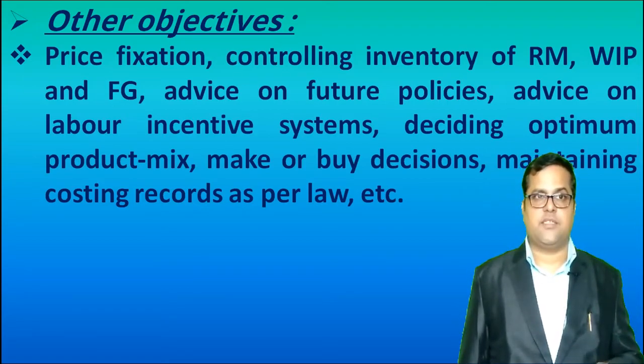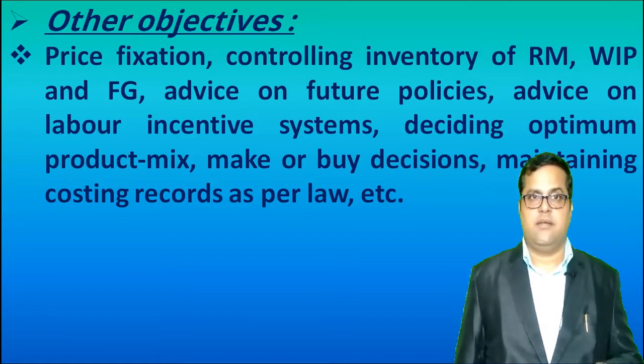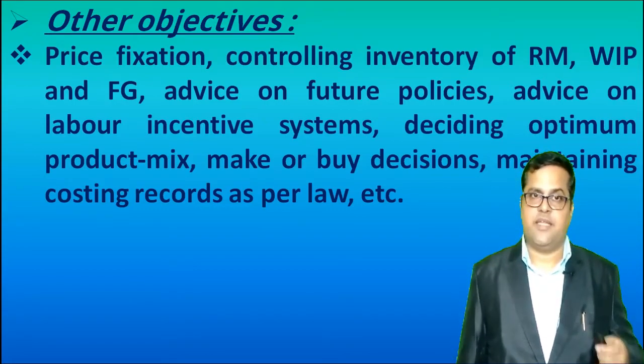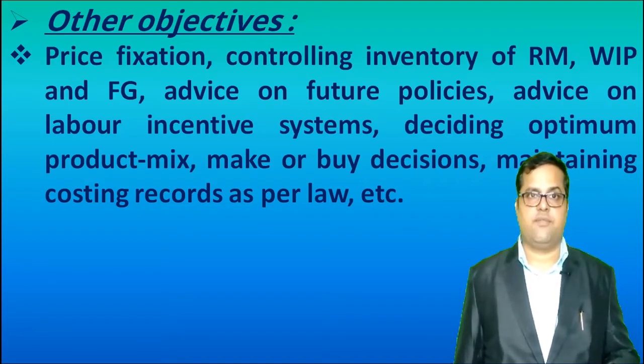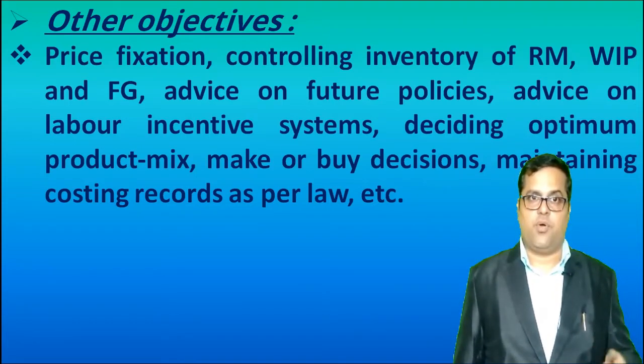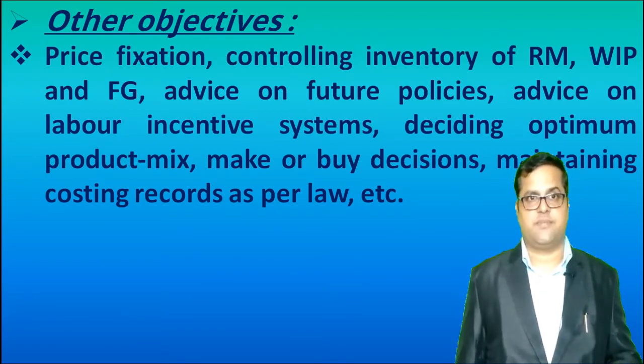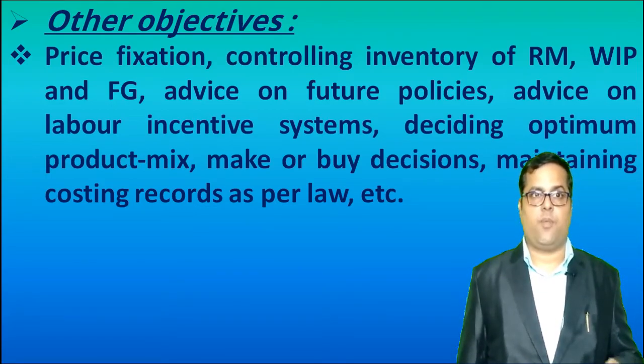Next is advice on labor incentive system. Now, labor payments is very important or rather crucial for any company. Cost data provides you various kinds of labor incentive systems. Next is deciding optimum product mix. Then we have make or buy decision.